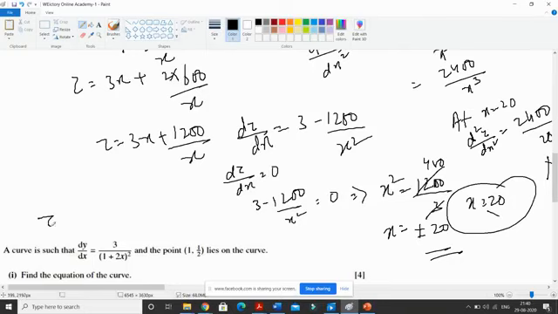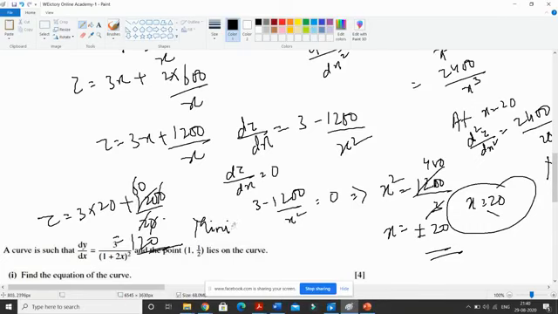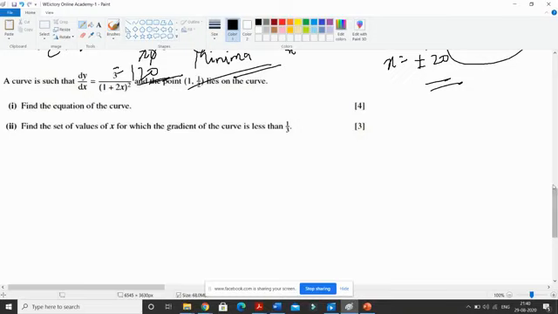So z will be 3 multiplied by 20 plus 1200 over 20, which will give you 60 plus 60, 120. So z is 120 and the nature is minimum. That's the answer. Next question.